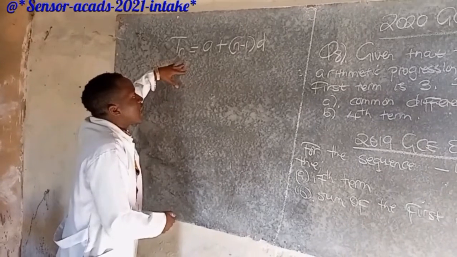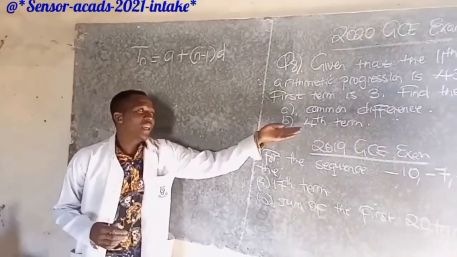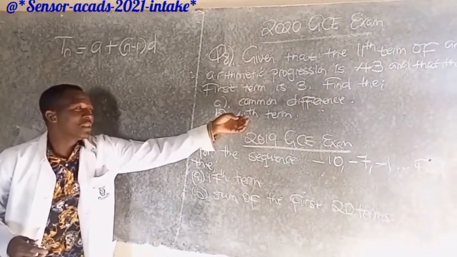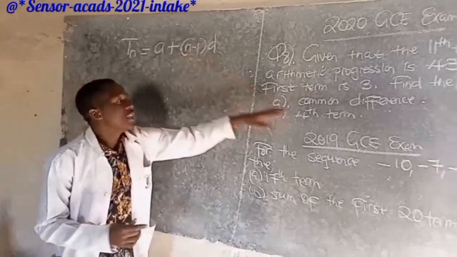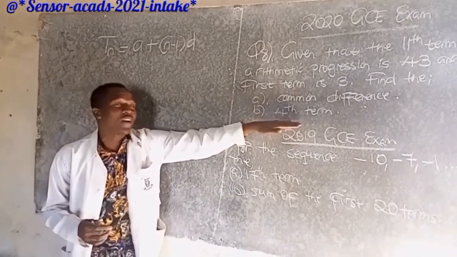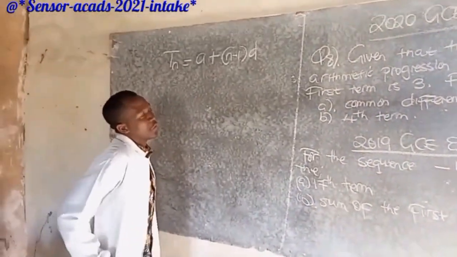So in this formula, they can say, find the fourth term. The fourth term simply means that where there is n, we are going to replace it with 4 because the position of the number which we must find lies on the fourth position. So let's see what's going to be.